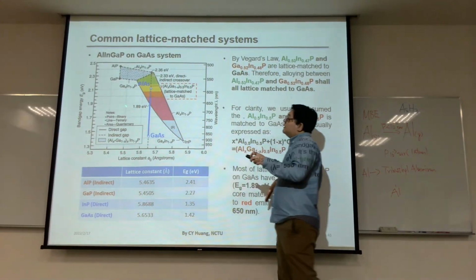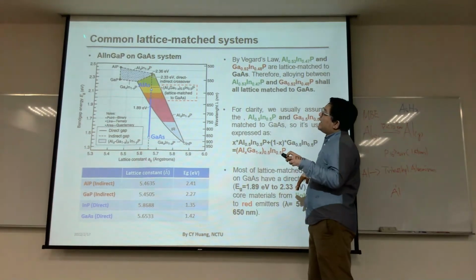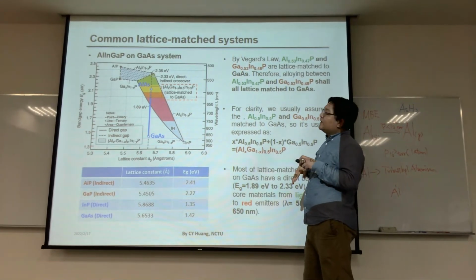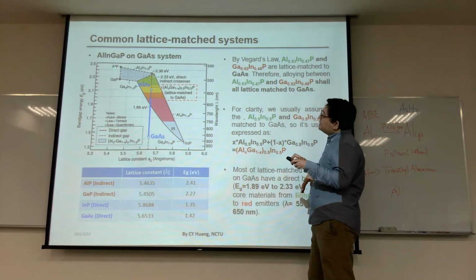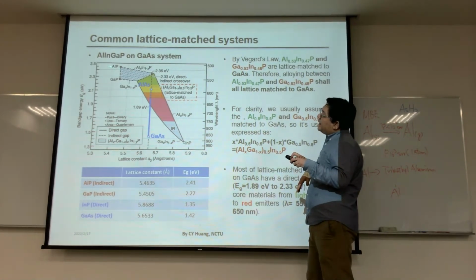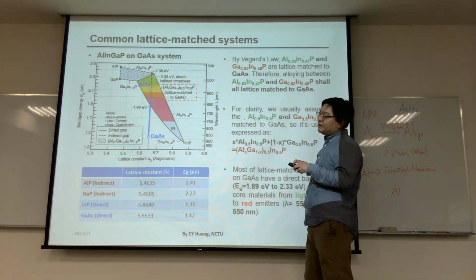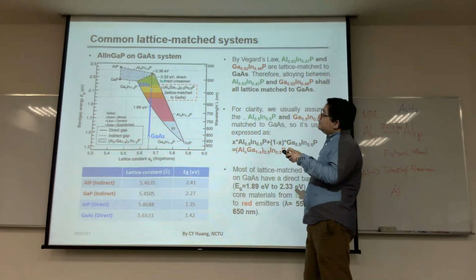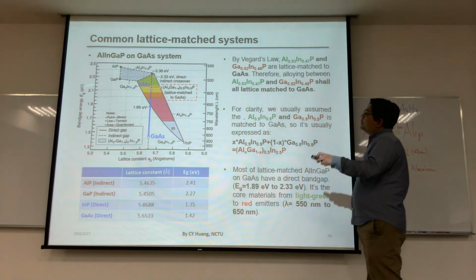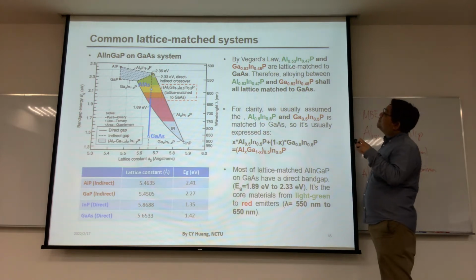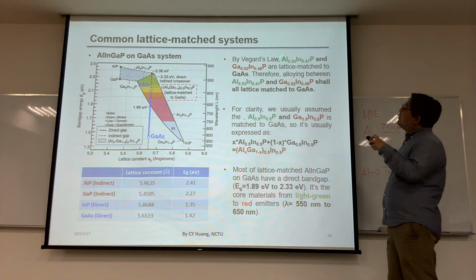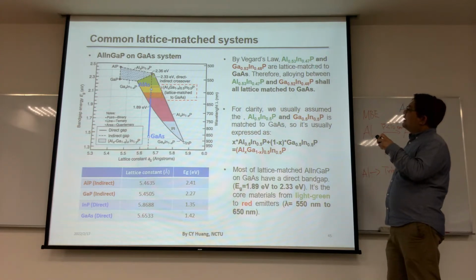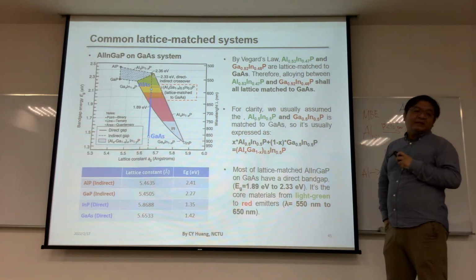So there's another design space called AlInGaP on gallium arsenide. Aluminum phosphide has a band gap smaller than gallium arsenide, and indium phosphide has a lattice constant larger than gallium arsenide. If you do a simple Vegard's law calculation, around 53% aluminum indium phosphide is lattice matched to gallium arsenide.